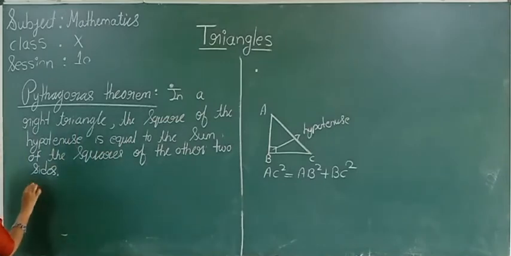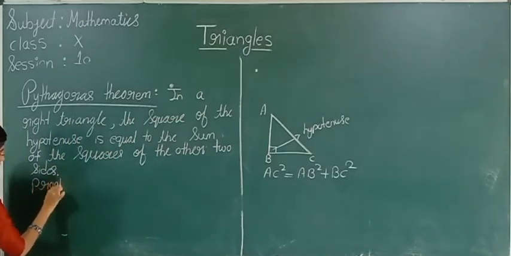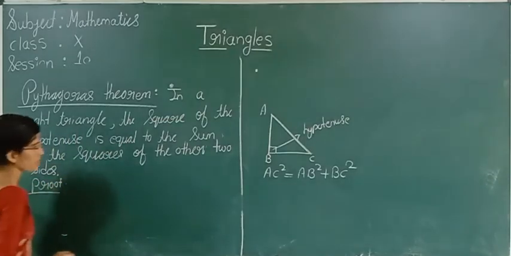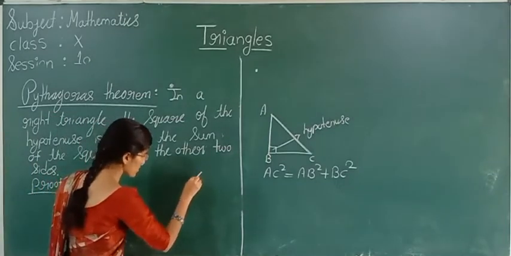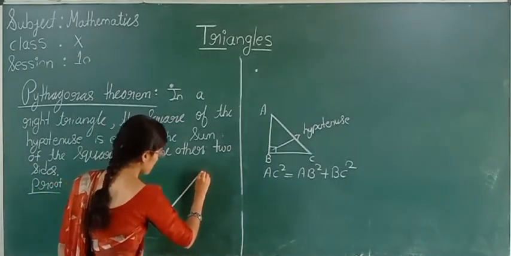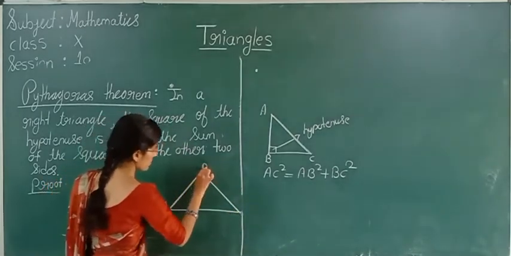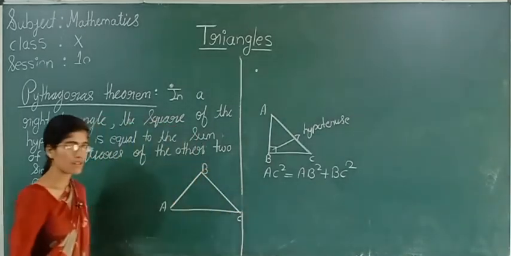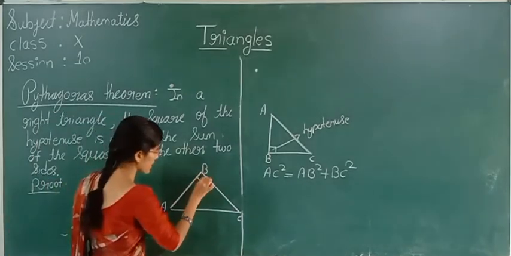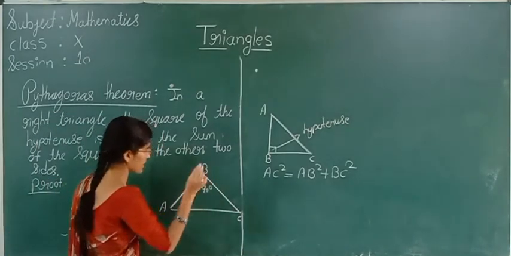Now see here, proof. We will take a figure. ABC is a triangle in which angle B is 90 degrees.